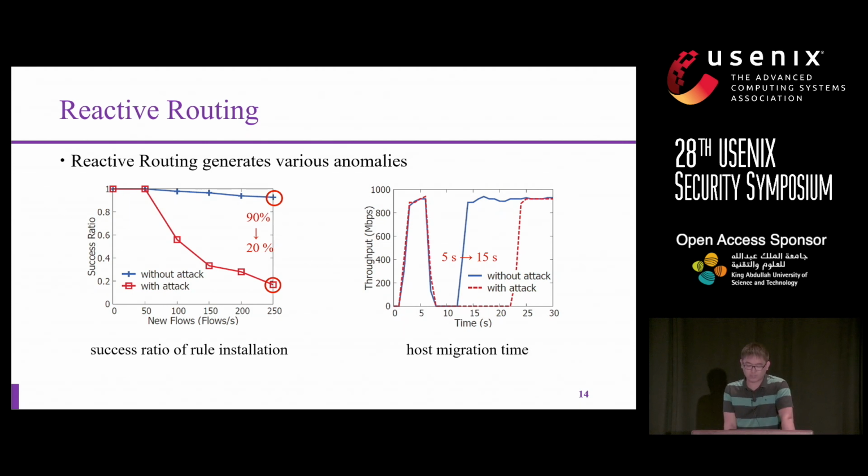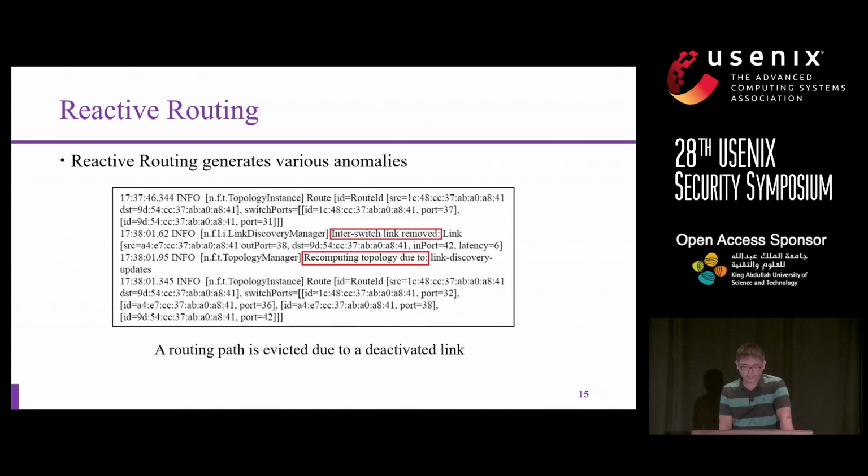And the right figure shows the host migration time. Without our attack, the host migration can finish within 5 seconds. However, with our attack, the host migration will finish within 15 seconds. And this figure shows another anomaly of reactive routing due to our attack. We can see that our attack first deactivates a link, then the topology is recomputed, so a routing path is also evicted.